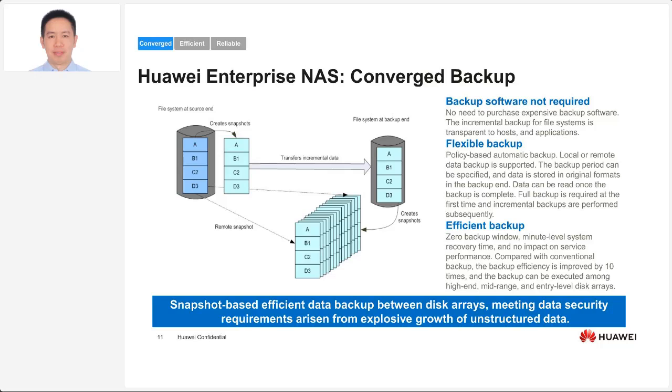The backup efficiency is improved by 10 times. So you could imagine, the backup can be executed among high-end, mid-range, and entry-level disk arrays. And that gives a lot of benefits to large customers.